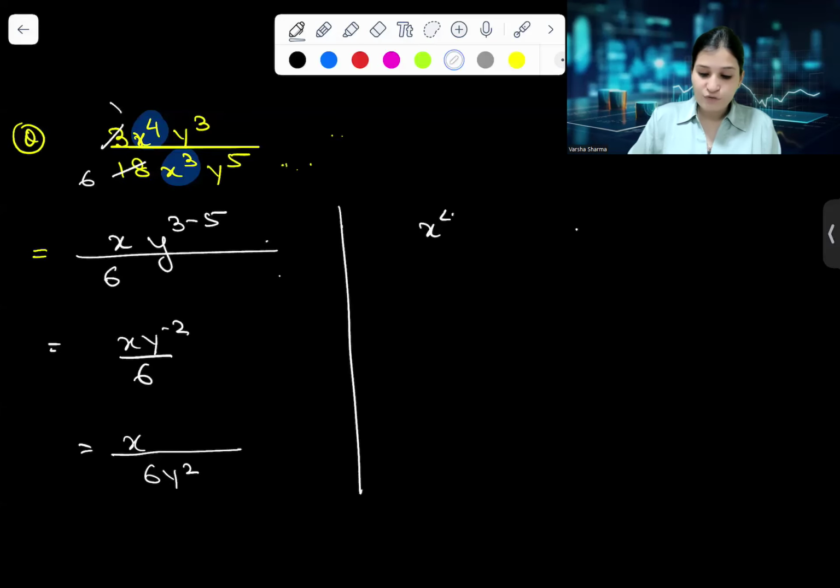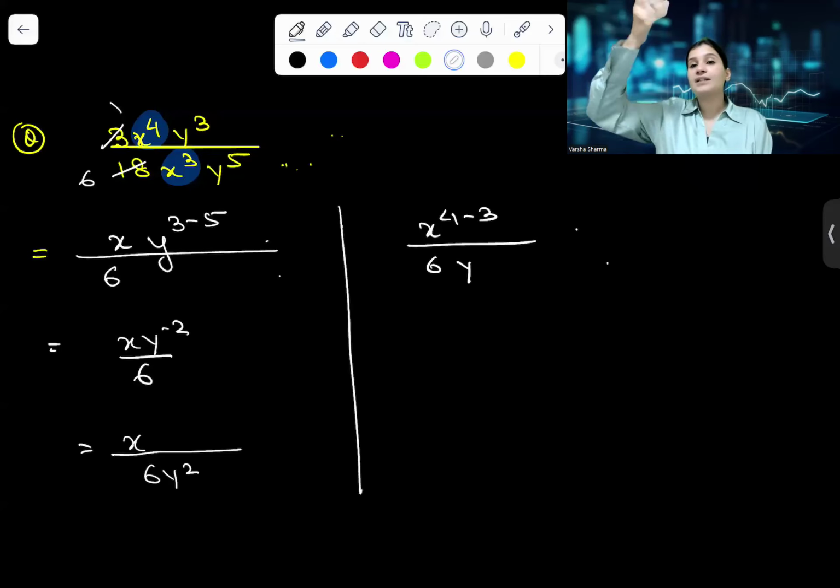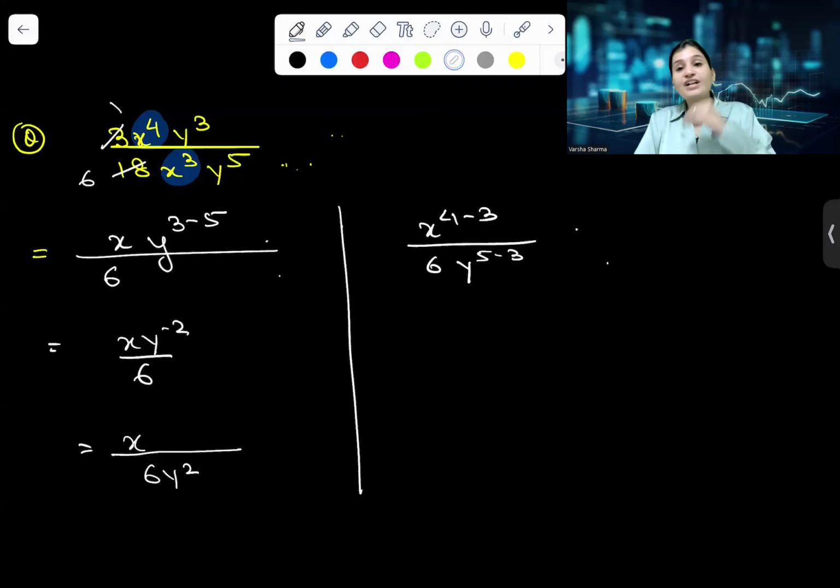In order to avoid this, what we could have done is, 3 and 6 got cancelled, 4 minus 3 is 1 for x. I would have taken the smaller number 3 to the denominator, 5 minus 3. Whoever shifts, whoever loses the location gets negative. So earlier here, 5 was brought down from the denominator to the numerator, so 5 changed the sign. Here I brought down 3 from the numerator to the denominator, so 3 changed the sign.